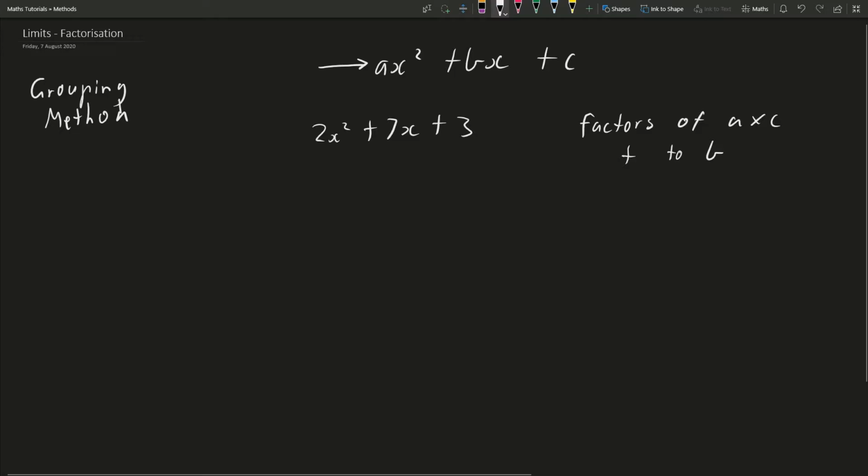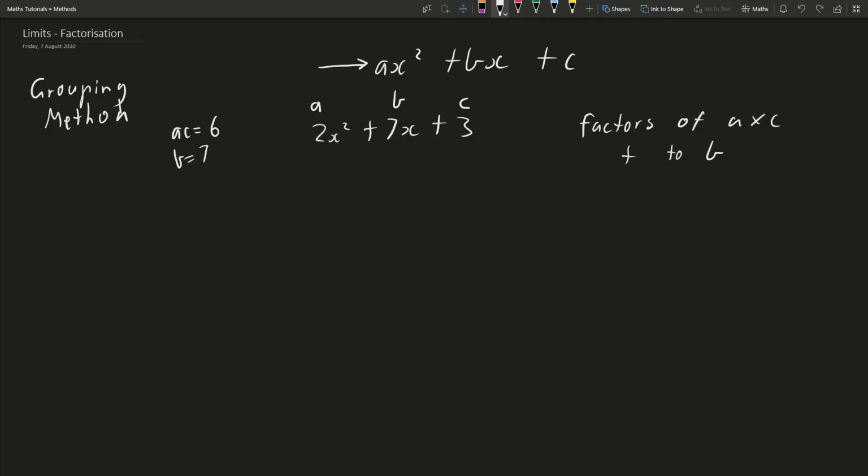So let's first calculate AC. 2 is our A value, and 3 is our C value, so AC equals 6. And B is of course 7, that's our middle term here. So we need to figure out two factors that add to 7 but multiply to 6. And in that case, that'll be 6 and 1.